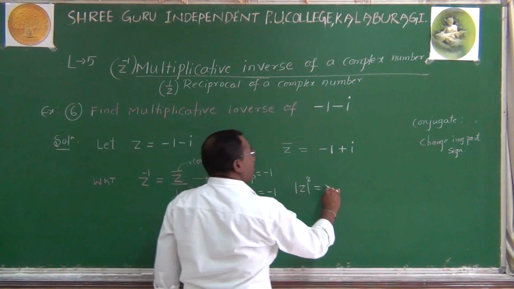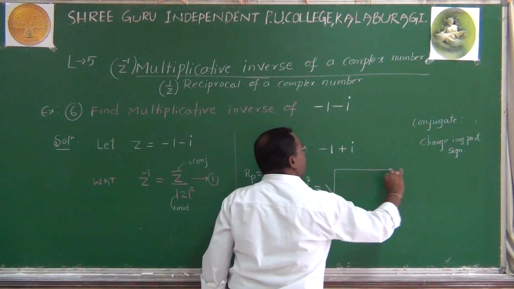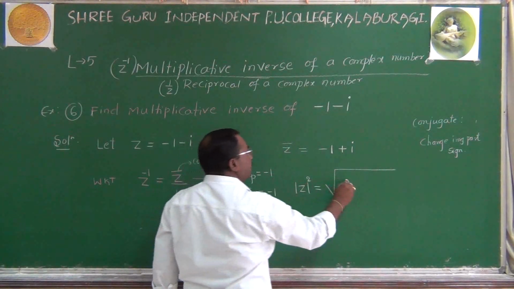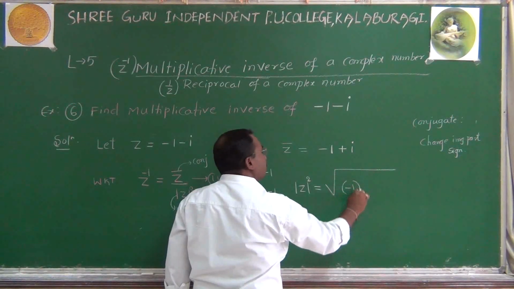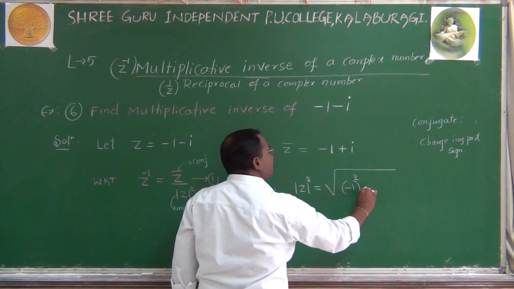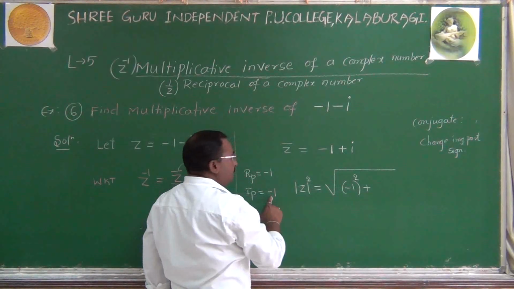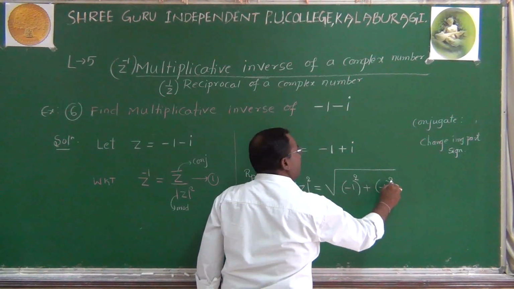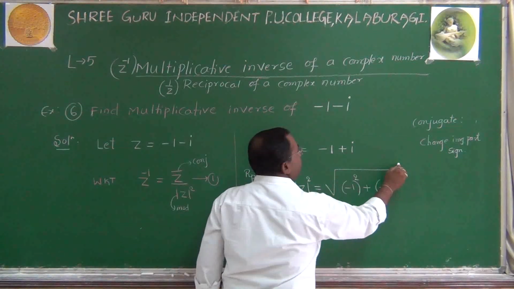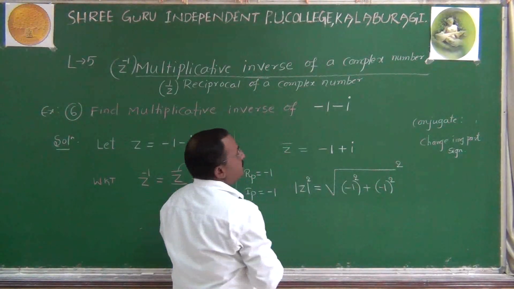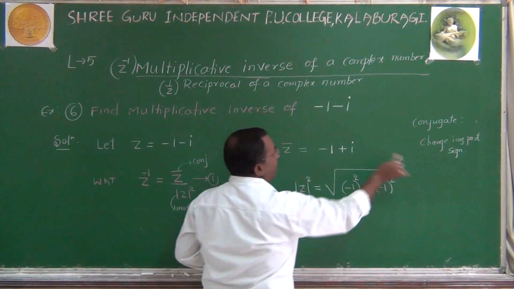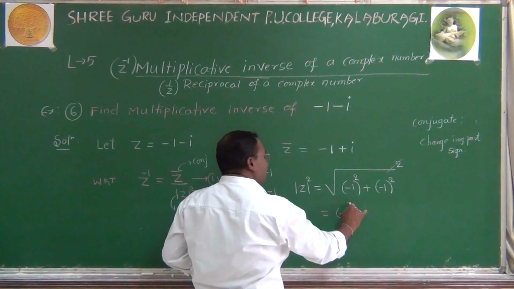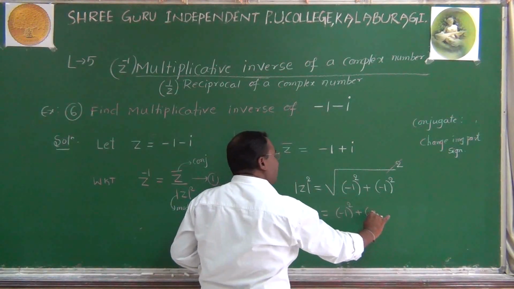Next, find modulus of z whole square. Modulus formula is the square root of real part square plus imaginary part square. Here real part is minus 1 and imaginary part is also minus 1, whole square. Square and root get cancelled.